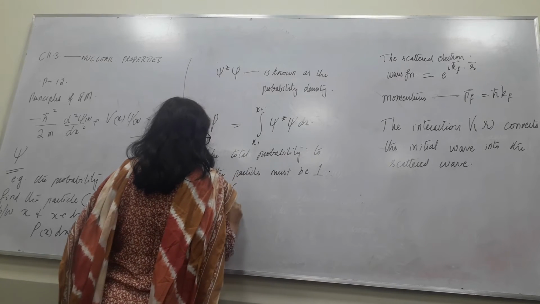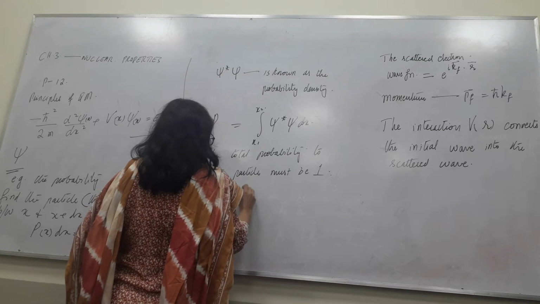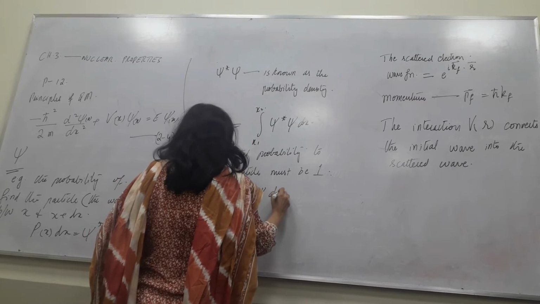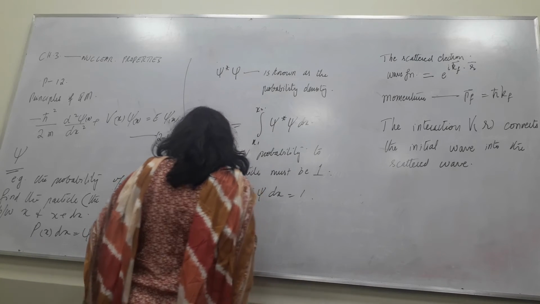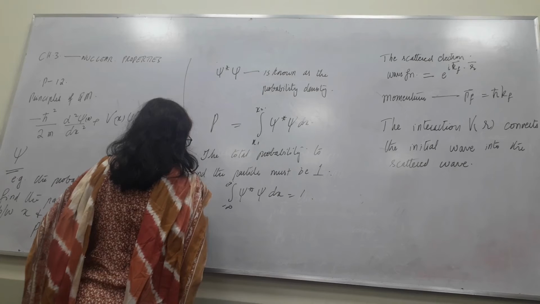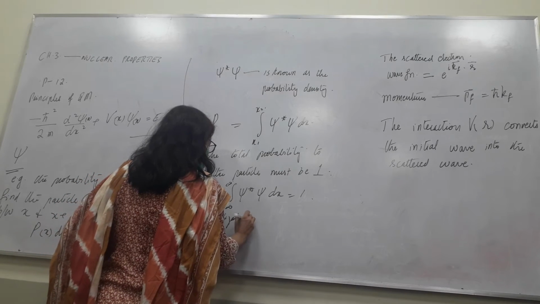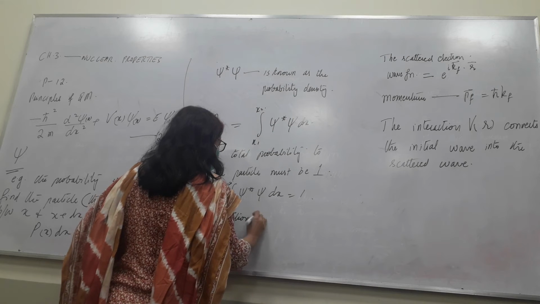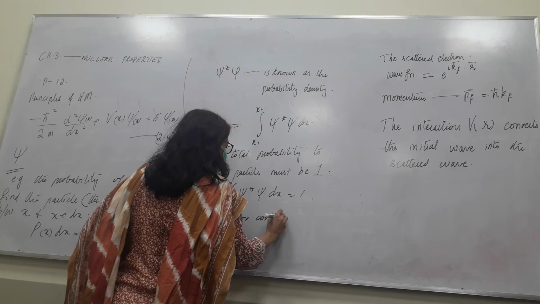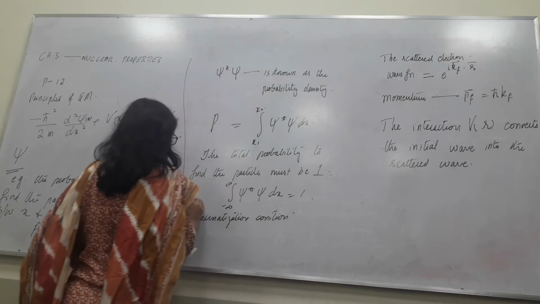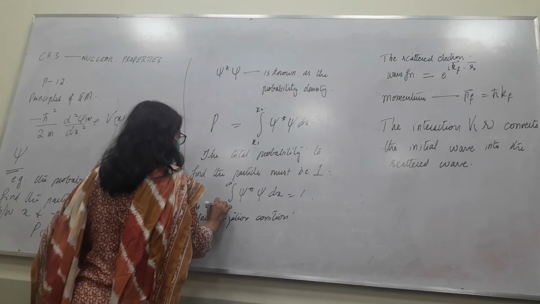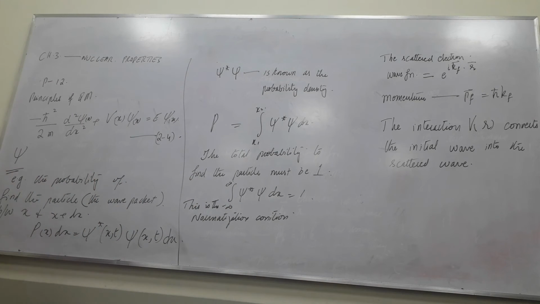So, this should be equal to 1, and this condition is known as the normalization condition.